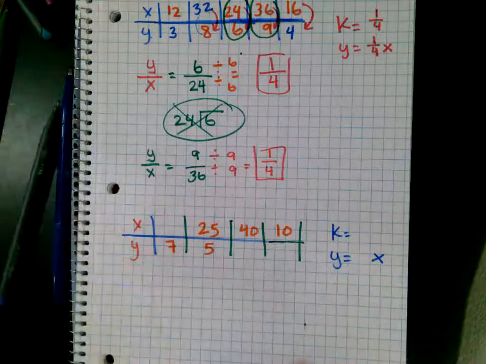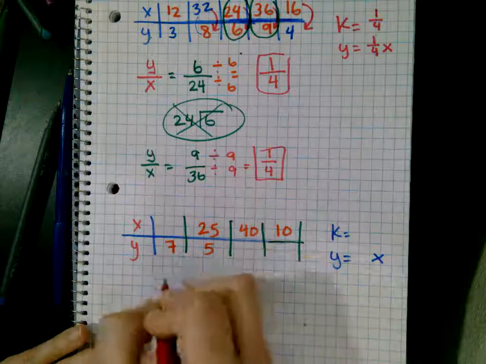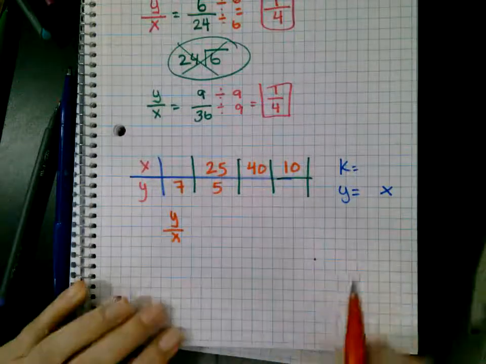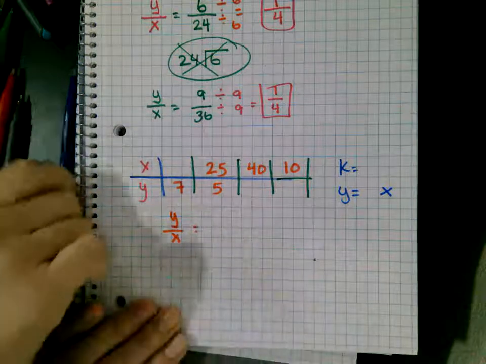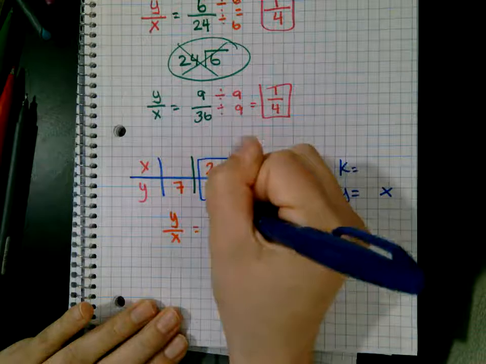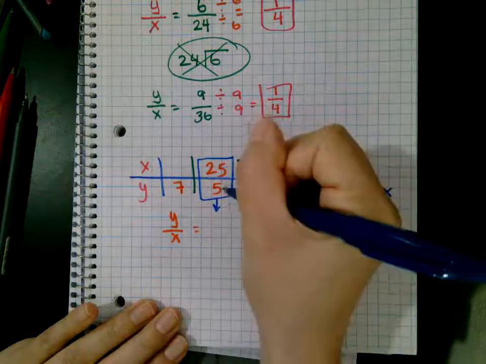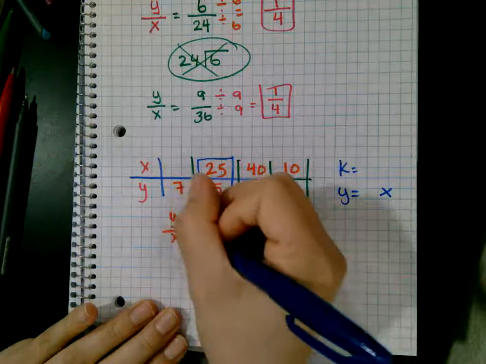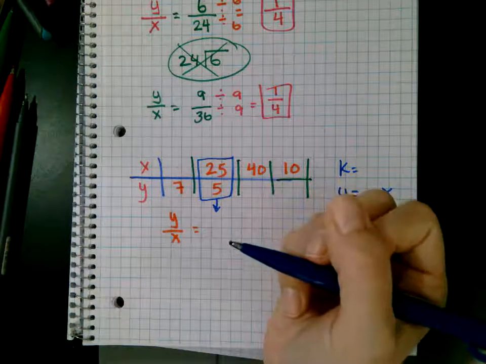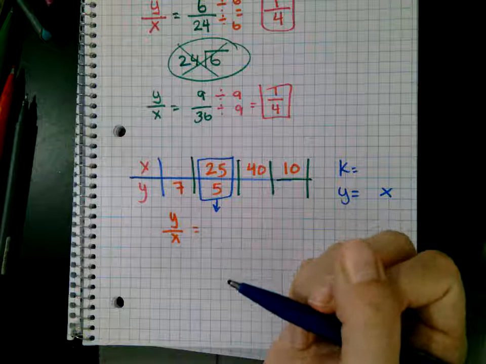So your best friend is Y over X. The only pair that I gave you was this one, so that's the pair we're going to use. You have to make sure you write it Y over X. If you flip it around, you get the answer that you want, but it's not right.